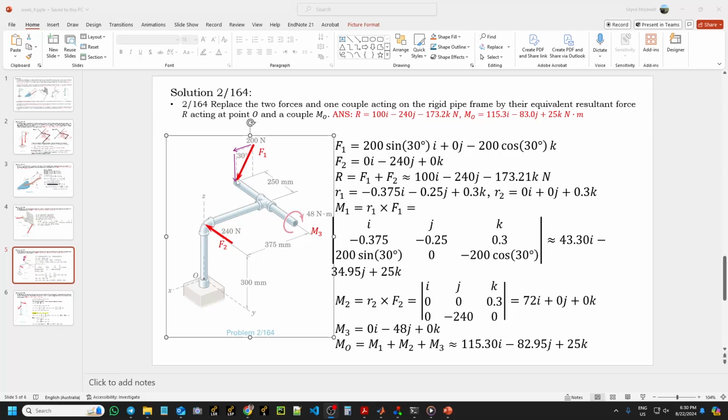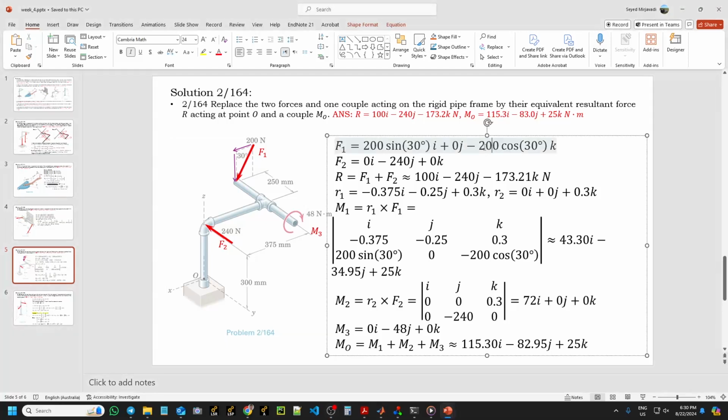F1 cosine 30 is the vertical one, and it is in the negative Z direction, so I put negative K. F1 is 200 cosine 30, and negative, because it is acting in the negative Z direction.